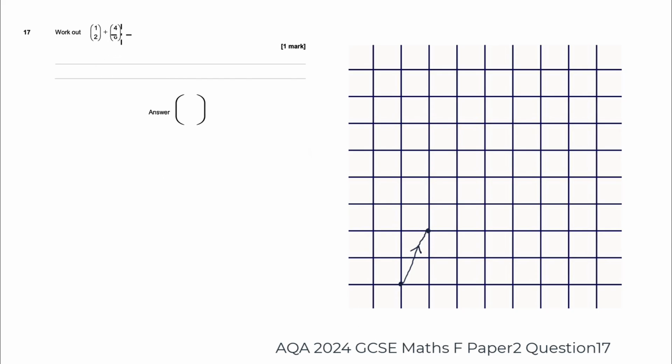Now this second vector, 4 along, 1, 2, 3, 4, that's the x component, 6 up, 1, 2, 3, 4, 5, 6. So we do the 1 along, 2 up journey, followed by 4 along and 6 up journey. I'll get the ruler out to do this one. There we go.